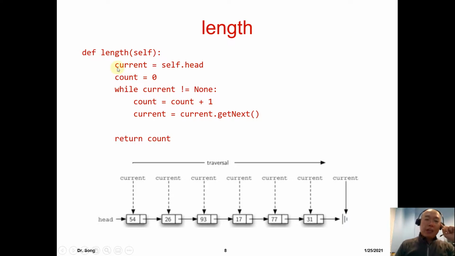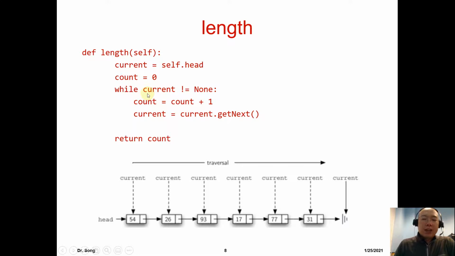Then for current as a reference, we visit all the nodes one by one, and as long as there is still a next node to go, we move the current cursor on, and meanwhile we increase the count by 1. This is how we do the count.